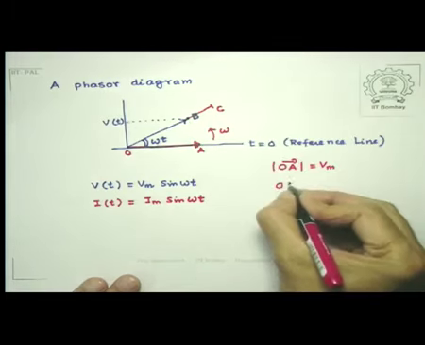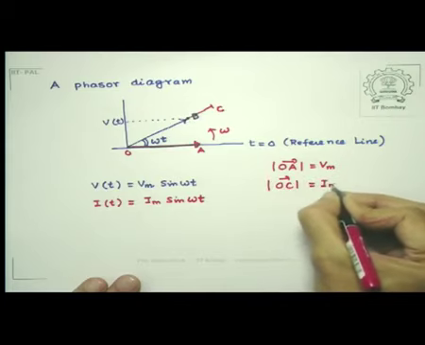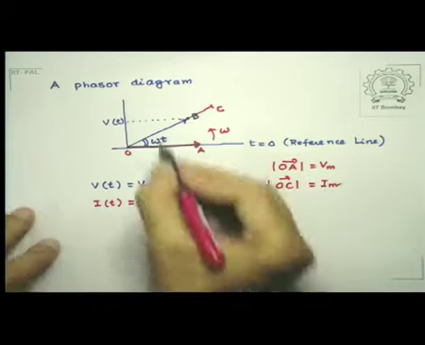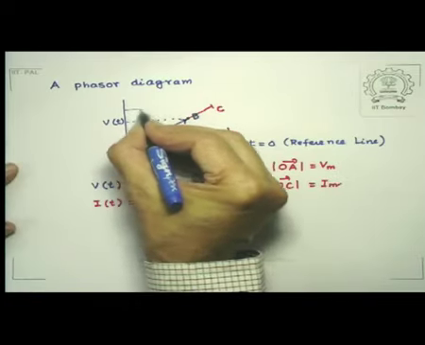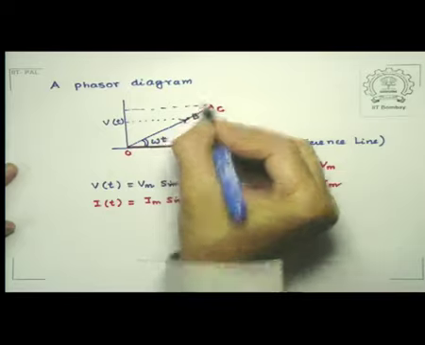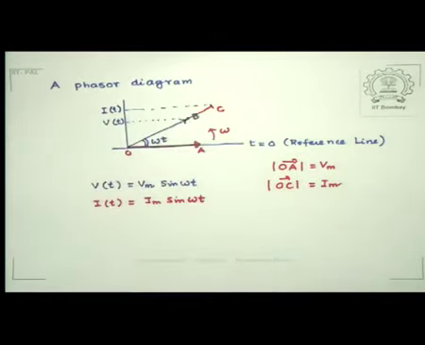So OC magnitude is Im. Then the projection of this OC at time t equal to t gives me the instantaneous value of the current.